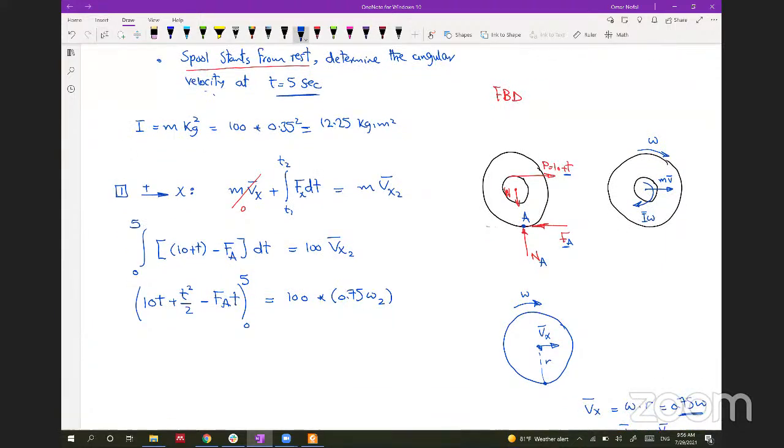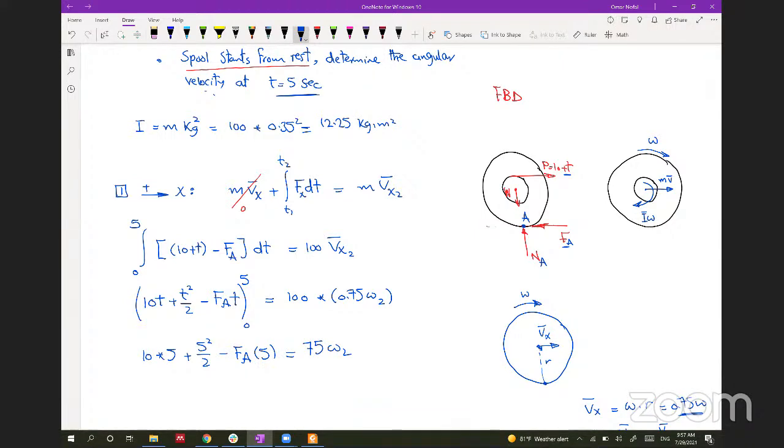Okay, so if we have this, we'll have 10 multiplied by 5 plus 5 squared over 2 minus fa multiplied by 5, which will be equal to 75 multiplied by omega 2.